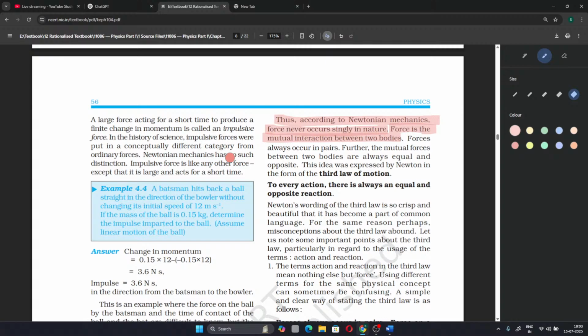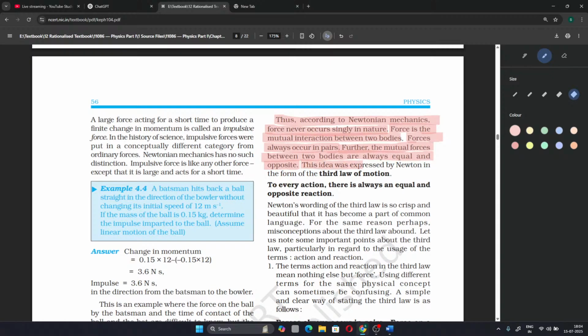It is due to a mutual interaction between two or more bodies. Forces always occur in pairs. This is also a point to be remembered. Further, the mutual forces between two bodies are always equal and opposite.